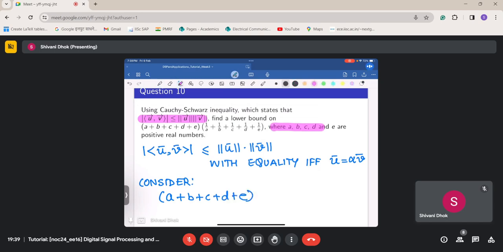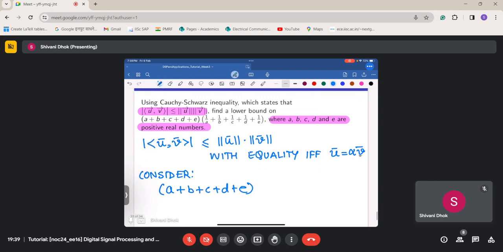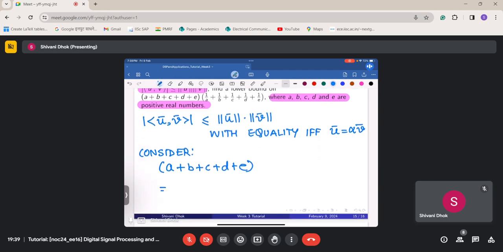These are positive real numbers, which means that if I take the square root of A, it is a well-defined thing. So I can write this as under root of A square plus under root of B square plus under root of C square plus under root of D square plus under root of E square.